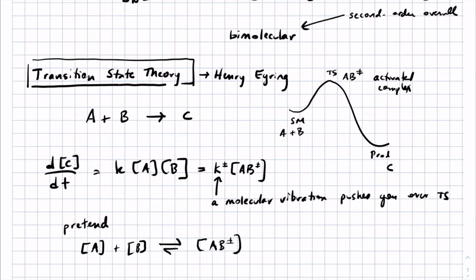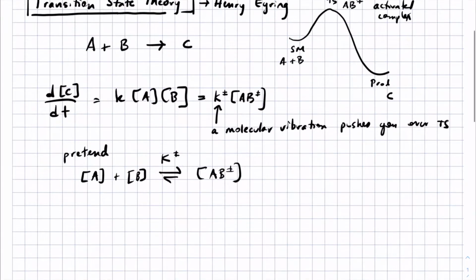That should make you uncomfortable because the transition state is a maximum. And equilibrium constants are related to Boltzmann distributions, which require that molecules occupy wells on a potential energy surface where there's enough time for them to redistribute their energy throughout all of their translational and vibrational and rotational degrees of freedom.